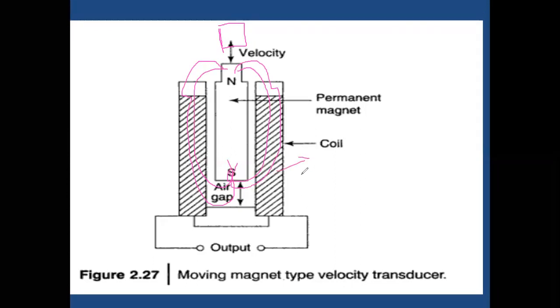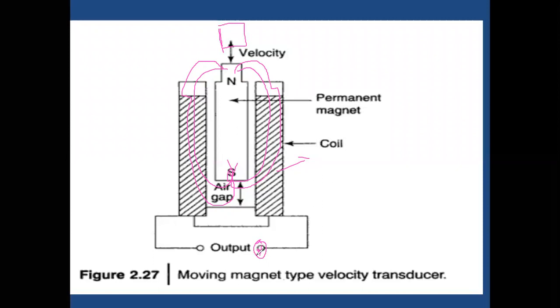Due to the cutting of magnetic flux, there will definitely be EMF induced, which is collected through this output like a voltmeter. I attached a separate voltmeter, so I observe the amount of voltage induced within the circuit.